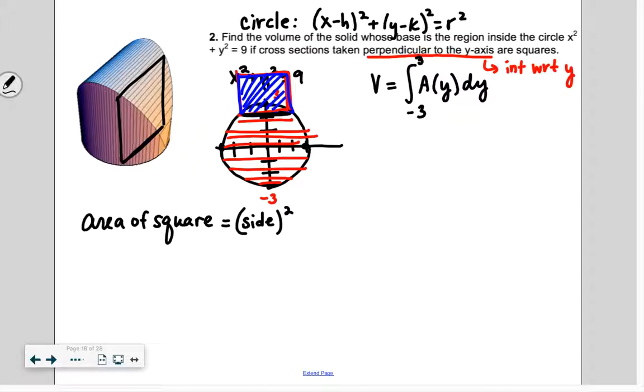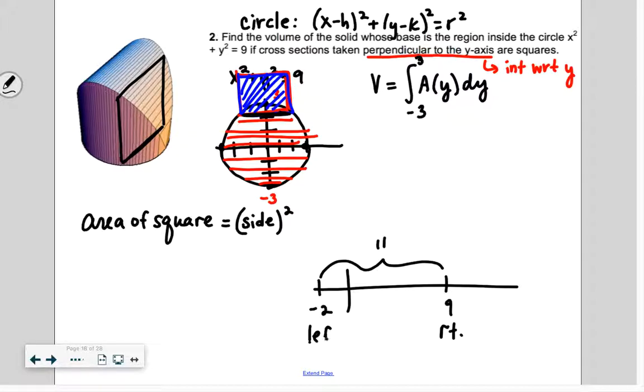So we need to figure out the distance for our side. That distance is a horizontal distance. It's from a certain x value to a certain x value, right? It's like when we talked before, going from -2 to 9. That's a total of 11, right? In order to get that distance, we take the right number minus the left number. Same idea.